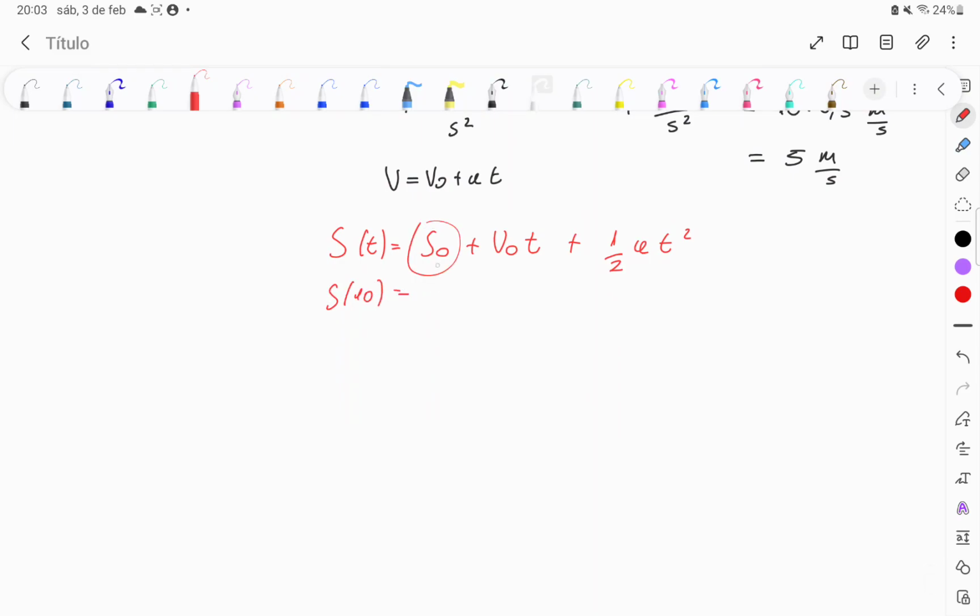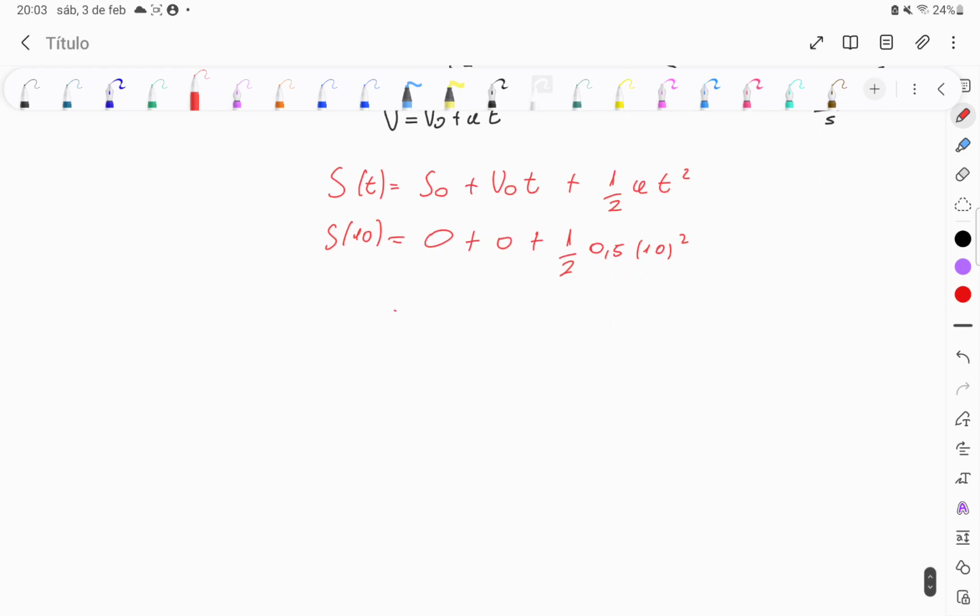s de 10 is going to be s0. We can say that is 0; we define it as 0. v0 is 0, because it starts from the reposo. Plus 1 diviso 2, aceleración. How much is acceleration? 0.5. Multiplied by time squared. And how much is the time? 10. So it's 10 squared. So this is essentially 1 diviso 2 multiplied by 0.5 per 100.